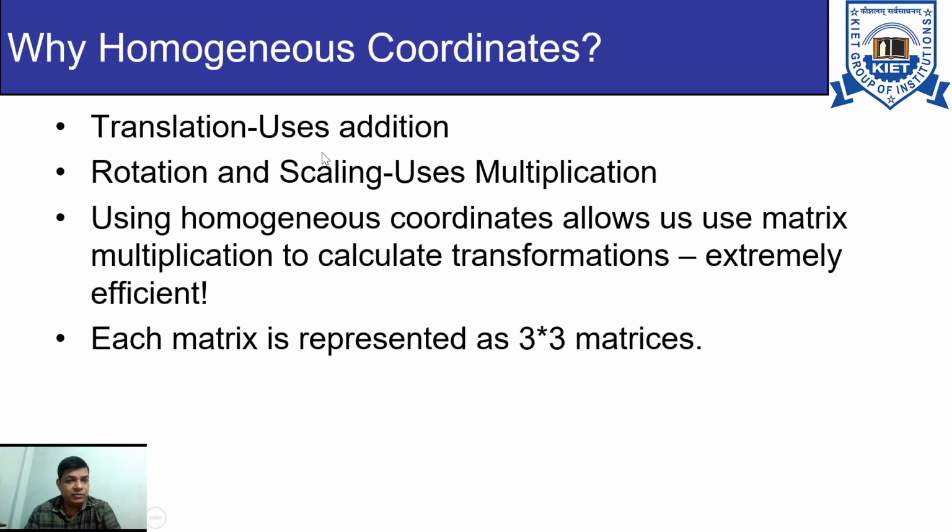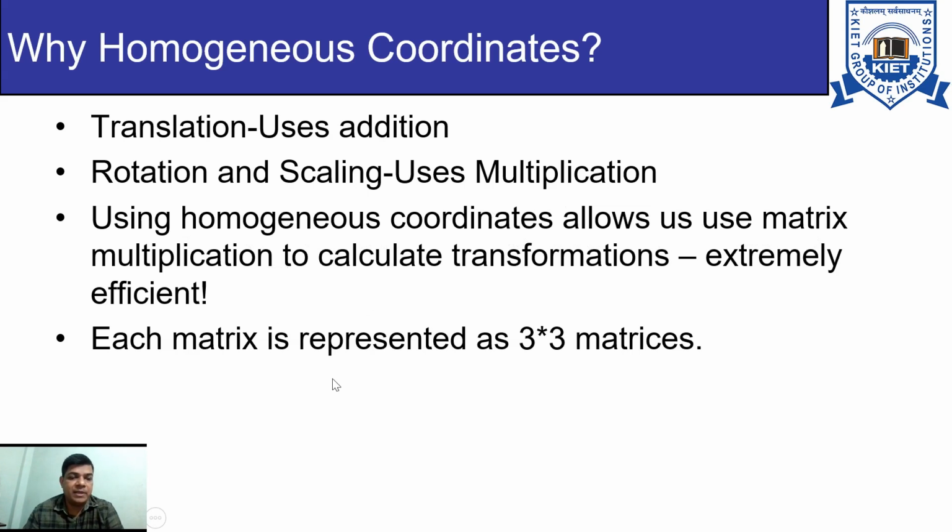So in translation we add the values, in rotation and scaling we use multiplication. Using homogeneous coordinates allows us to use matrix multiplication to calculate transformations extremely efficiently.